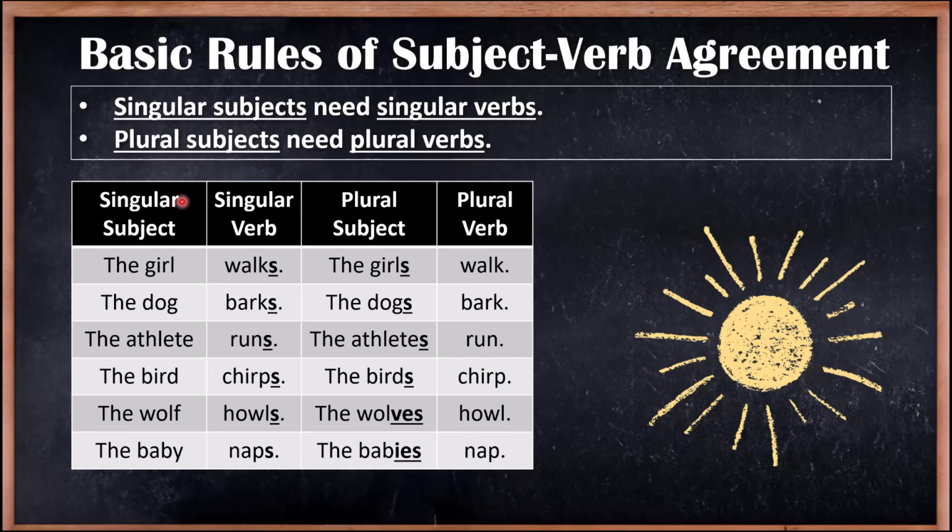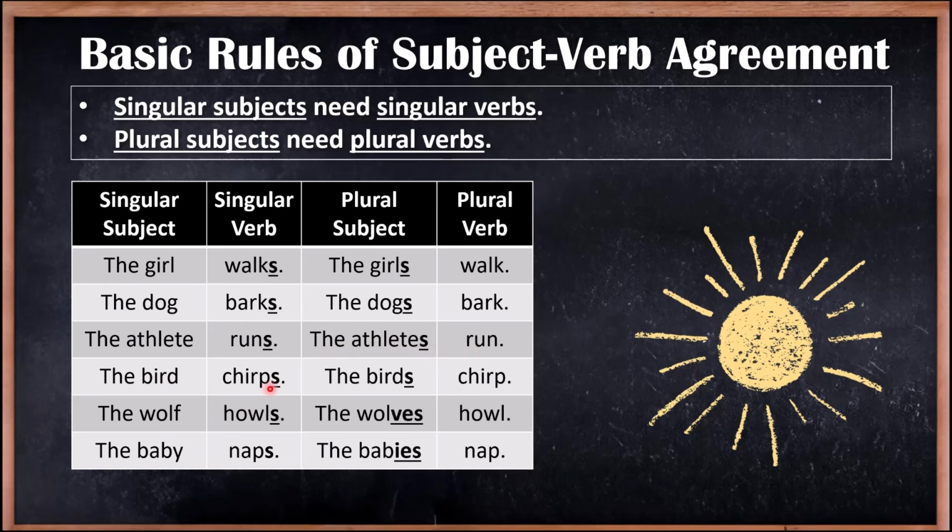We have singular subject, singular verb, plural subject, plural verb. The girl walks. The girls walk. The dog barks. The dogs bark. Notice that usually singular verbs end in S and plural verbs do not end in S. The athlete runs, the athletes run.